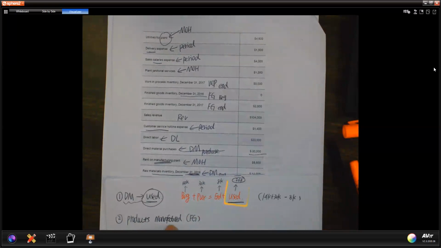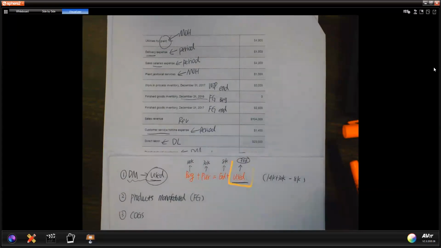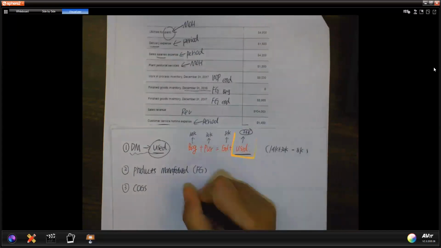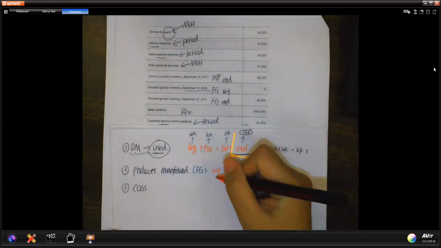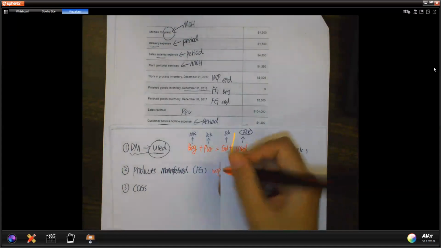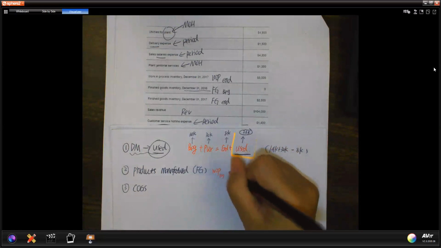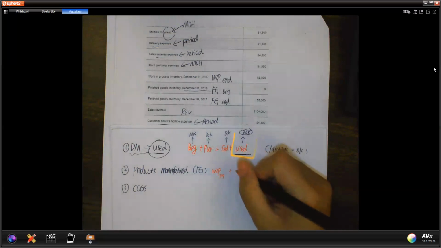The next part, we do the finished goods, goods that are finished. How do we get this number? It's the cost of goods manufactured, right? Basically you start with the work in process beginning, and then you add all the work you have done during that period.